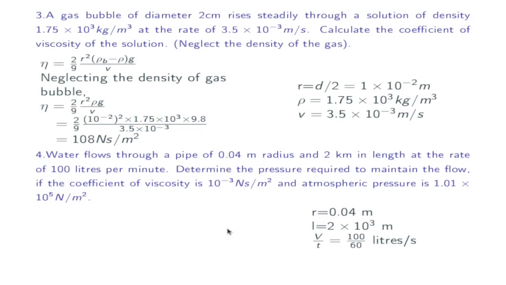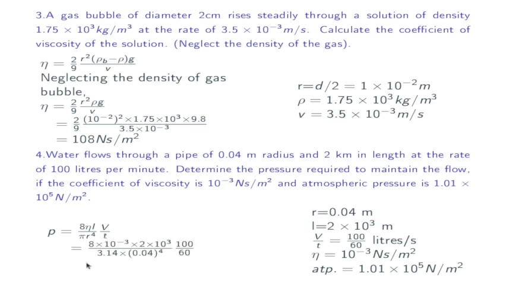Determine the pressure required to maintain the flow if the coefficient of viscosity is 10^-3 Newton second per meter square and atmospheric pressure is 1.01 × 10^5 Newton per meter square. So we want to calculate the pressure. So P is 8 eta L by pi r^4 into V by T. This is from Poiseuille's formula.